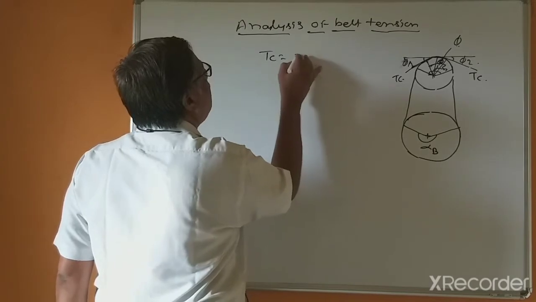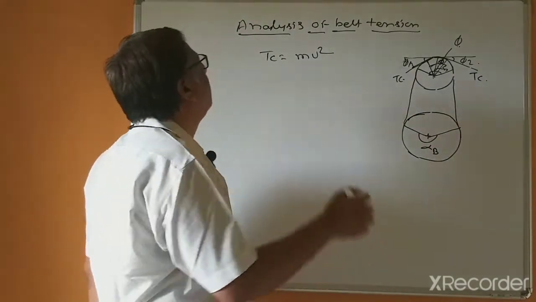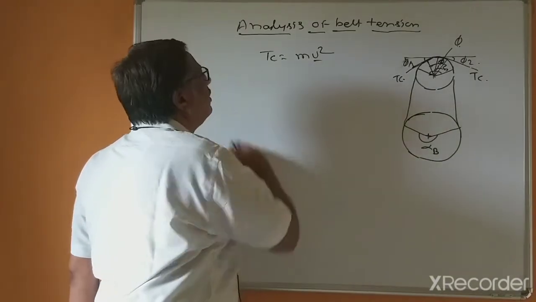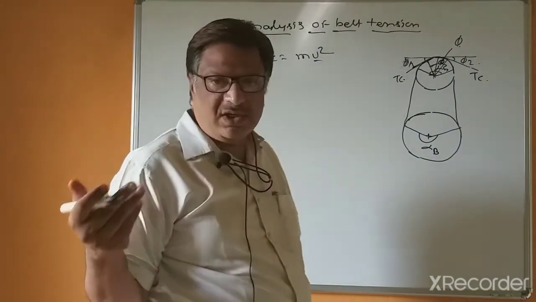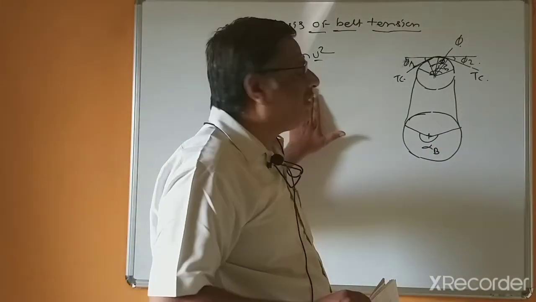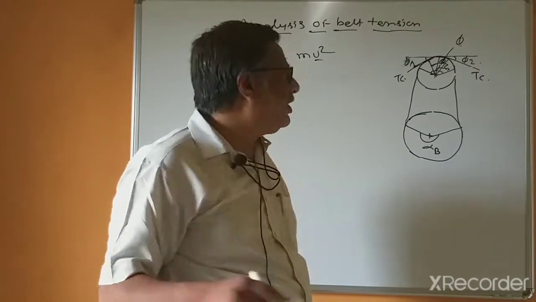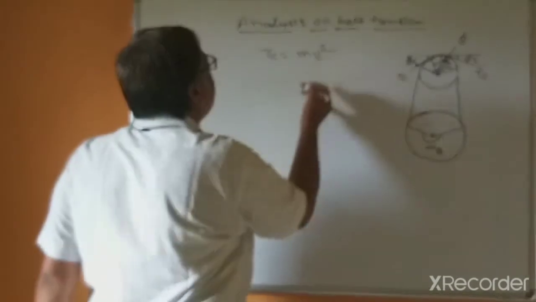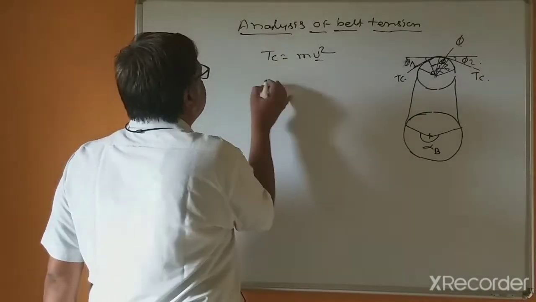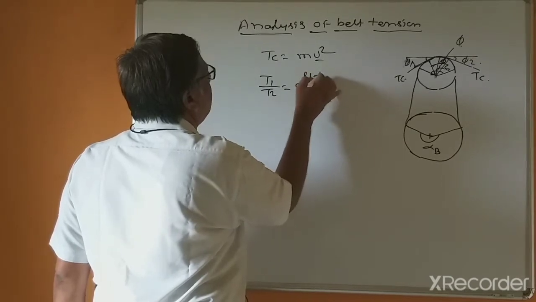This is related to the speed of the belt. When the velocity is greater than 10 meters per second, you cannot neglect the centrifugal tension, and if the velocity of the belt is less than 10 meters per second, then you can directly use the relation e to the power mu alpha.